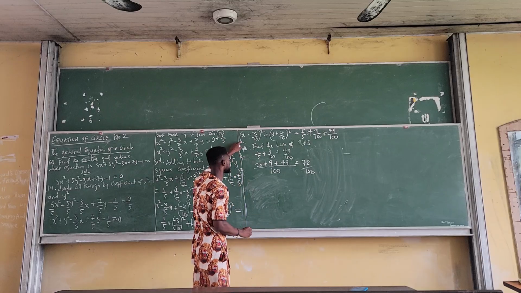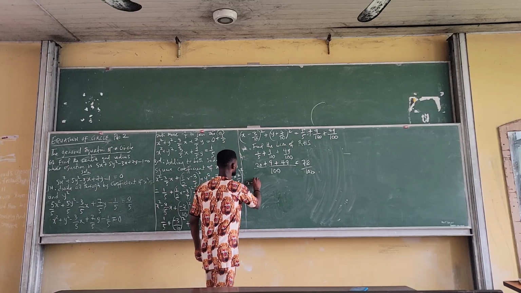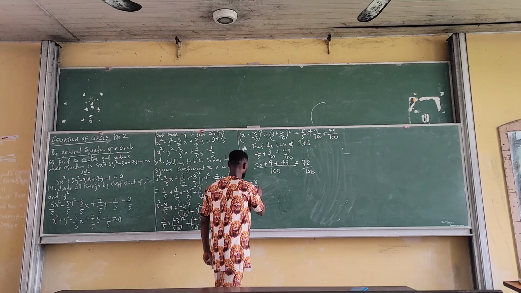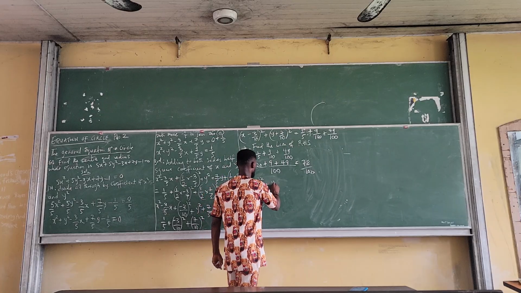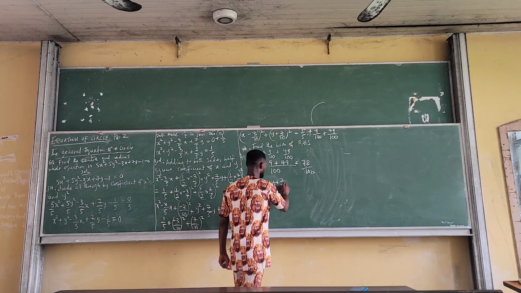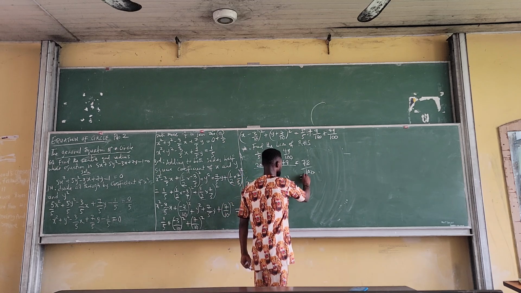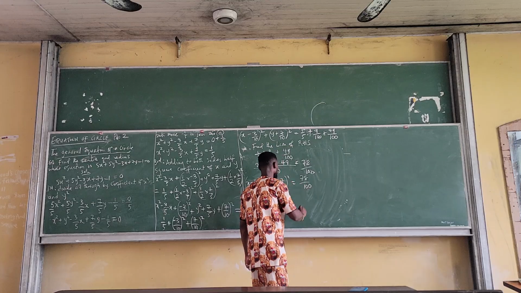So we'll come back and say x minus 3 over 10 squared plus y plus 7 over 10 squared will be equal to 78 over 100.